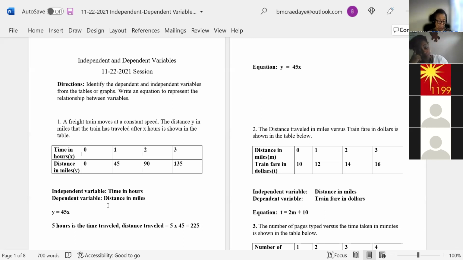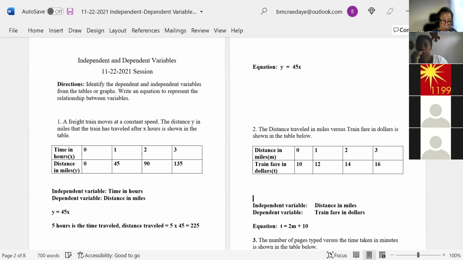Functions can be expressed as a variable equals a relationship with the input, or it can be f of x or whatever, but it's still a function. So identify the dependent variable, identify the independent variable.